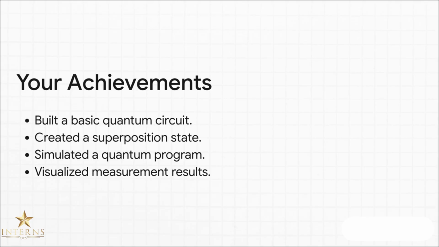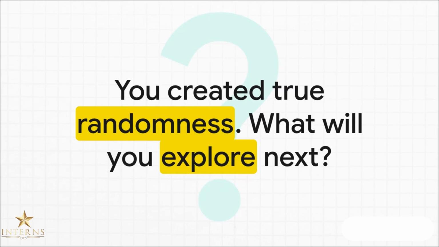Creating true, unpredictable randomness is incredibly important for things like cryptography, scientific modeling, and secure communications. With just that one command, you've harnessed a core principle of quantum mechanics to create perfect randomness. You have officially taken your first step into the larger, incredible world of quantum computing. The journey has only just begun. So the real question is, where are you going to go from here?